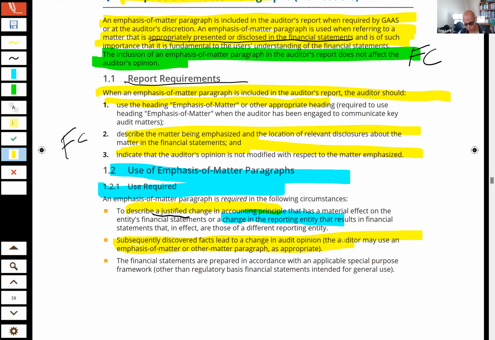Well, it's required that we do this when we have a subsequently discovered fact, like we discovered that they should have disclosed something and they go ahead and disclose it now, but we want to change our audit opinion from, say, qualified to unmodified. We would need to call that out as an emphasis of matter.